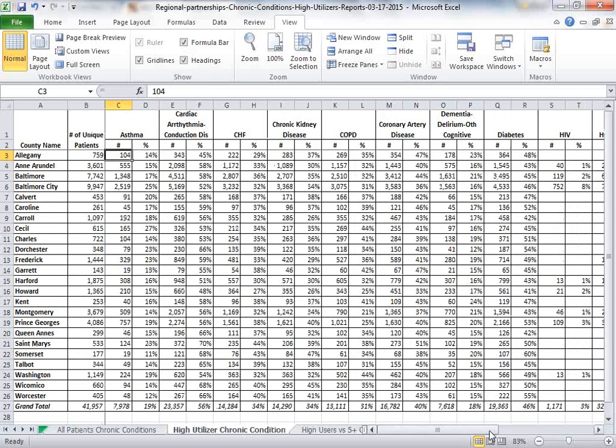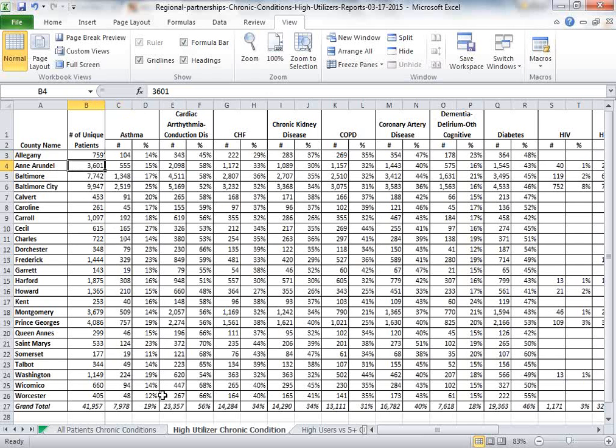So the second tab presents similar data, but it is for the high utilizers, and that is defined here as patients that had 3 or more inpatient or observation stays in 2012. So again, take Anne Arundel County.